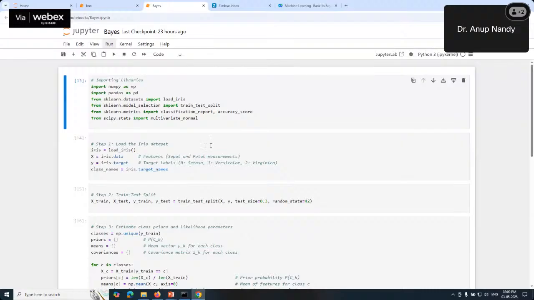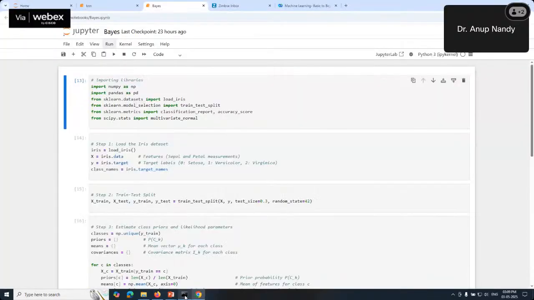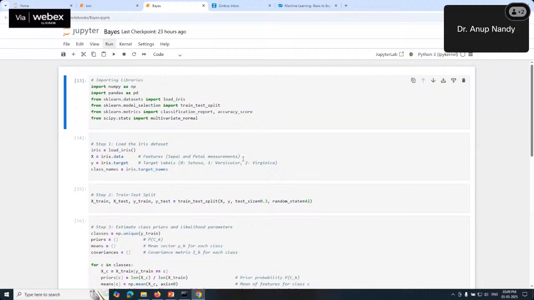You need to first install it, and in the backend there is code running, and then you can connect to the Jupyter notebook in your case. Those who are already acquainted with this, I think there is no need to explain how to import and install these Python packages.